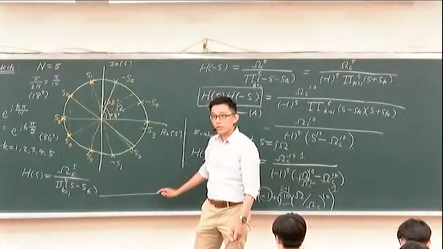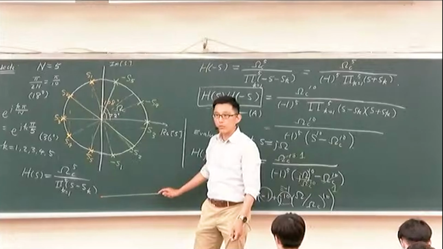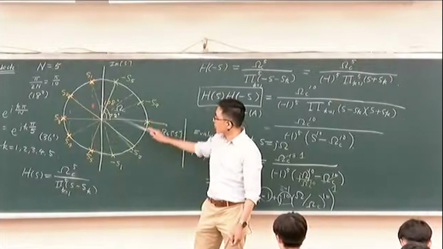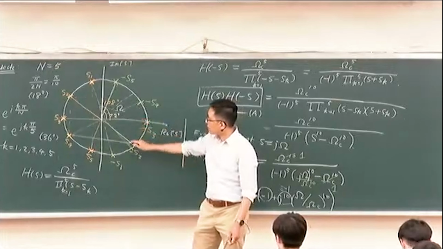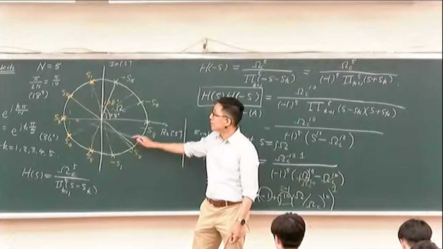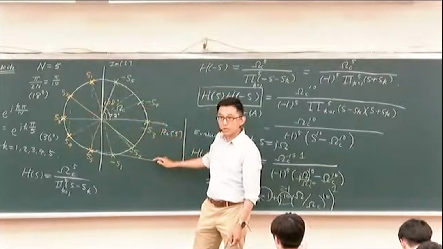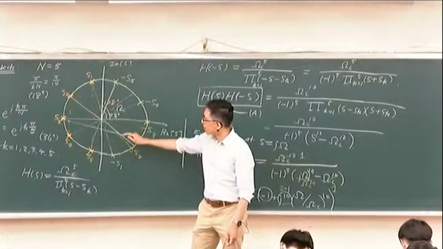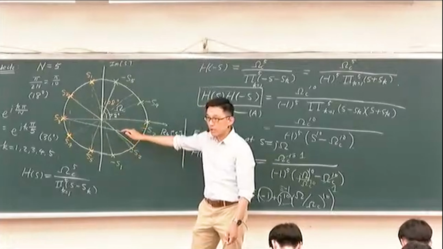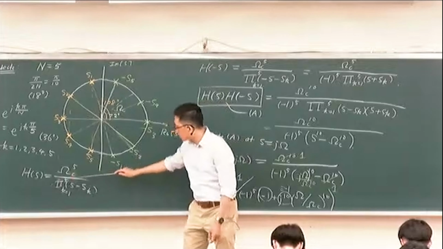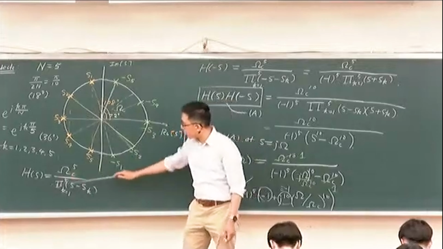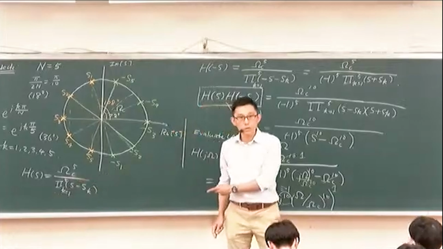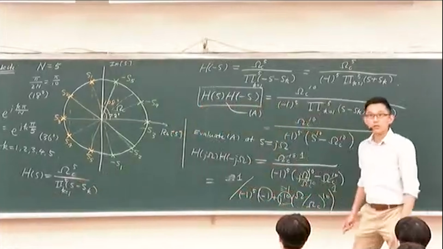We have a polynomial here, and the coefficients are actually all real because its roots are complex conjugates. Complex conjugate right here, another pair of conjugate roots right here, and then this is a real root. So H of s, the denominator part of H of s, is actually a real valued polynomial.